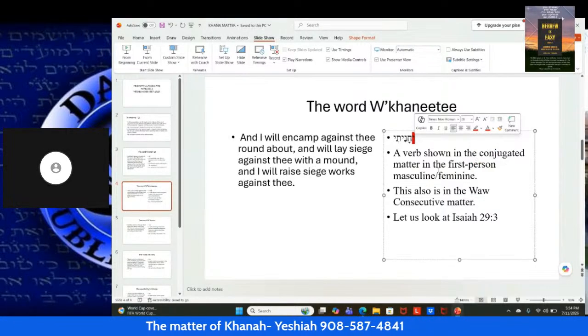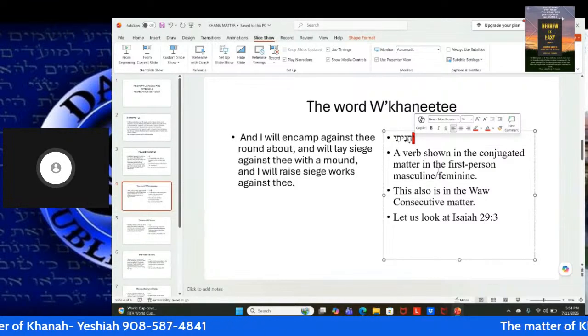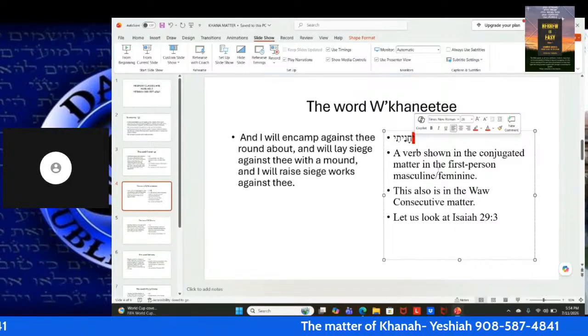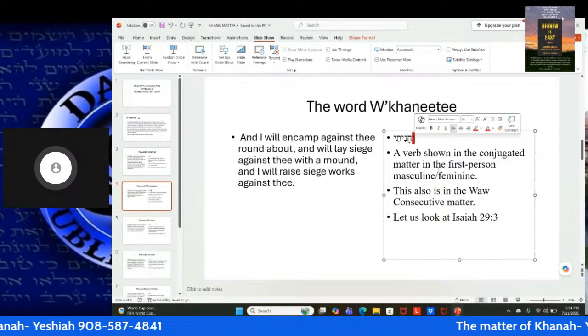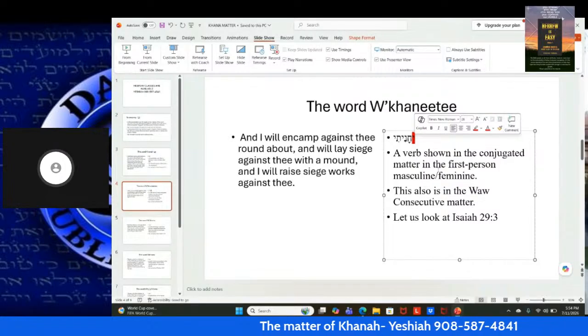red, that vav showing in the beginning, brothers and sisters, is showing that verb to be under what's called the vav consecutive. And in that particular matter, what happens in biblical Hebrew is the past tense word normally becomes the future tense. And the normal future tense becomes the past tense.